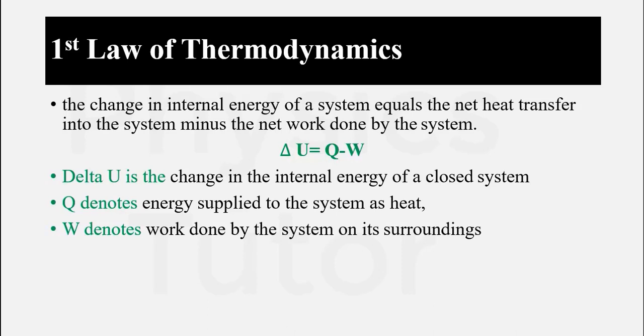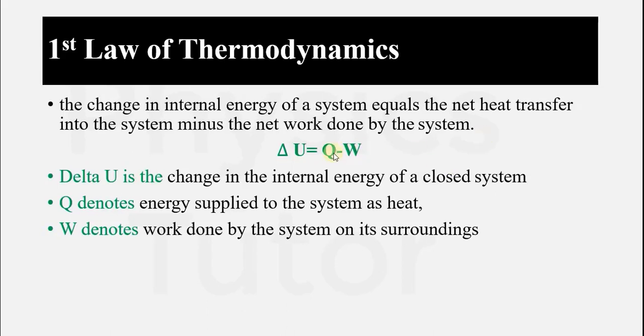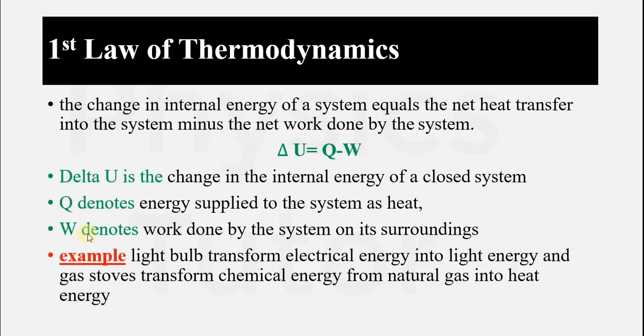With the passage of time, as temperature increases, this piston will move. This means that work is done. So when we give heat to a system, internal energy increases and work is also done. In simple examples, a light bulb transforms electric energy into light energy, and gas stoves transform chemical energy from natural gas into heat energy.